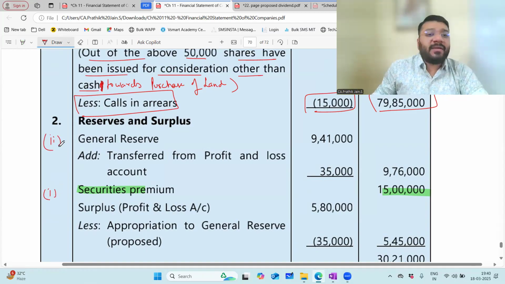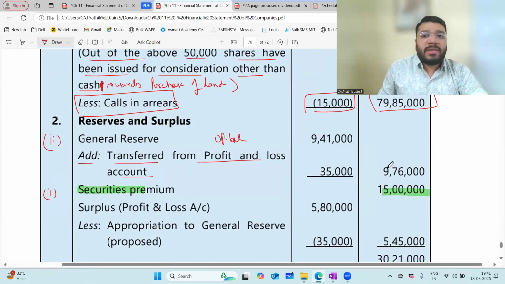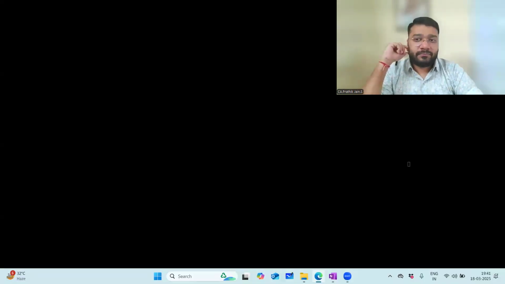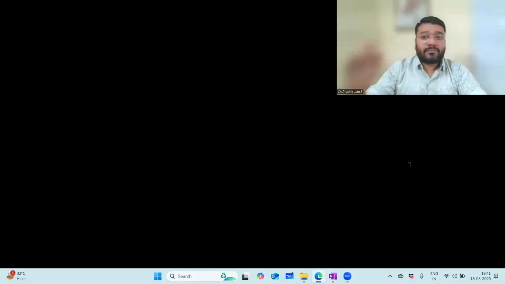Second will be general reserve. General reserve, opening balance 9,41,000. Add transferred from P&L account 35,000. Total 9,76,000.